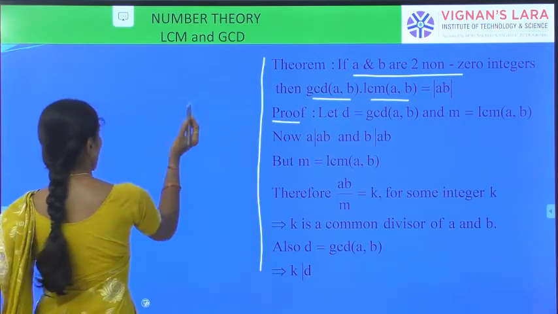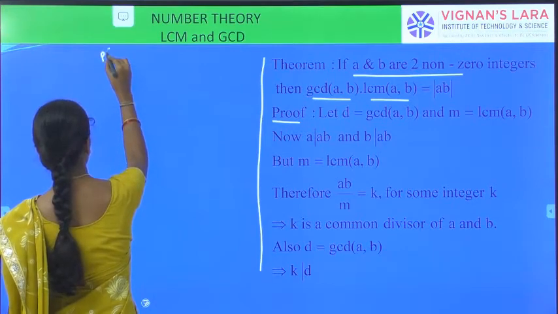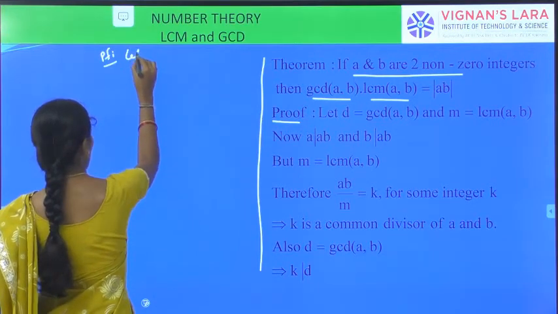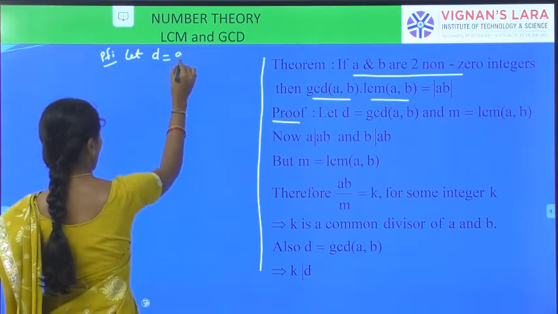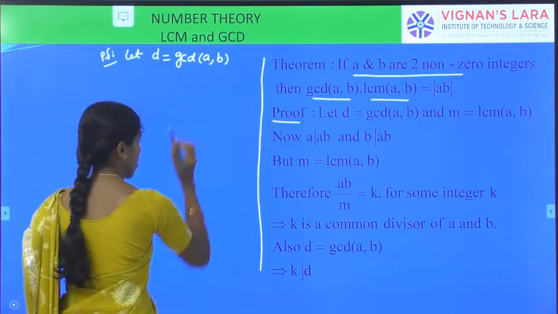Let D be equal to GCD of A comma B. I'll give the explanation here. What is the meaning of D equal to GCD of A comma B?